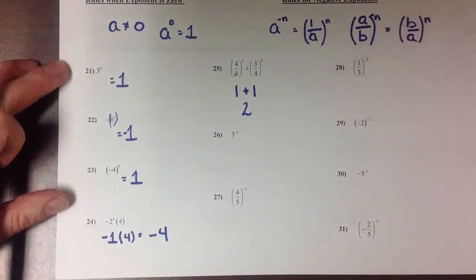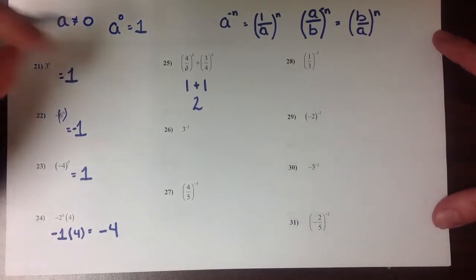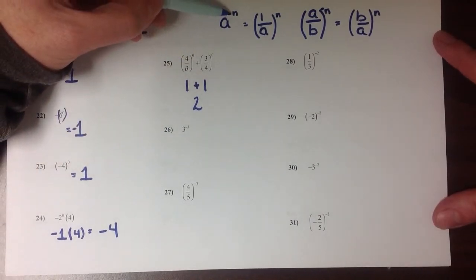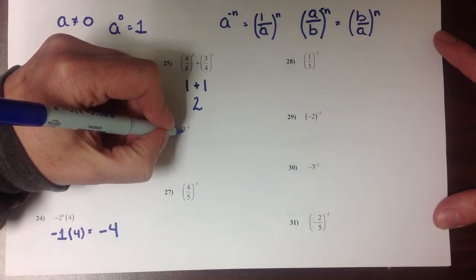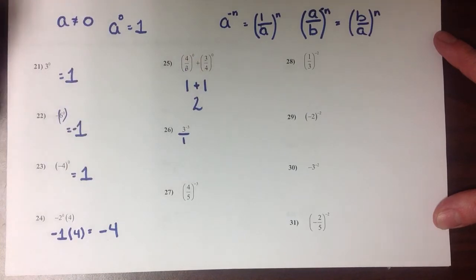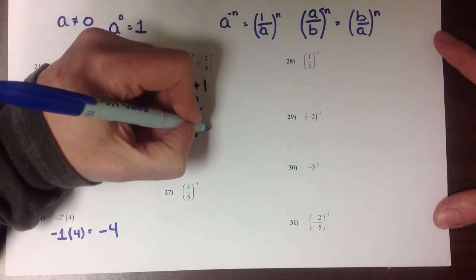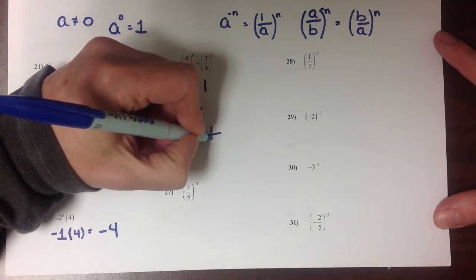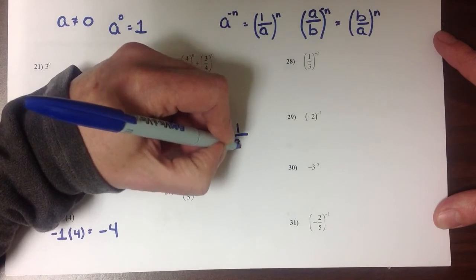Now let's look at our examples for these rules for negative exponents. Remember what I said about the elevator pass? If we think of this number, this 3 to the negative 3, as being 3/1 to the negative 3, it's going to be the same thing as 1 over 3 cubed, or 1 over 27.